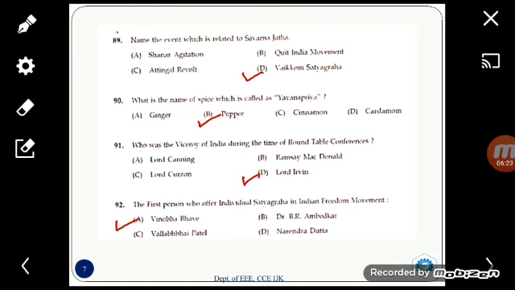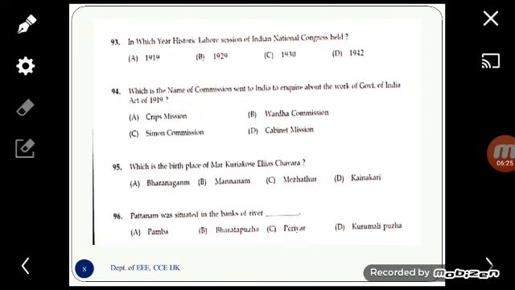92, option A is correct. The next one is: in which year was the historic Lahore session of the Indian National Congress held? The session was held in the year 1929. That is option B. Next one is: which is the name of the commission sent to India to inquire about the working of the Government of India Act of 1919?